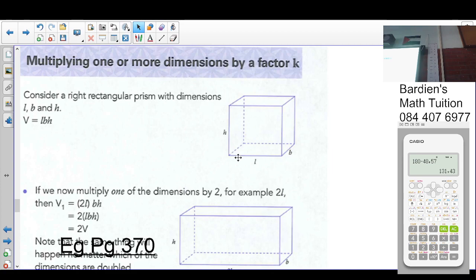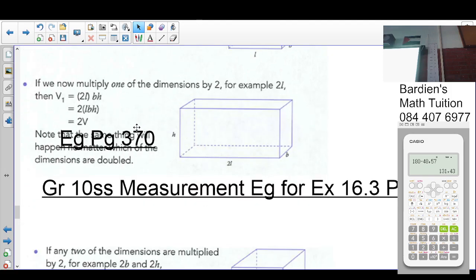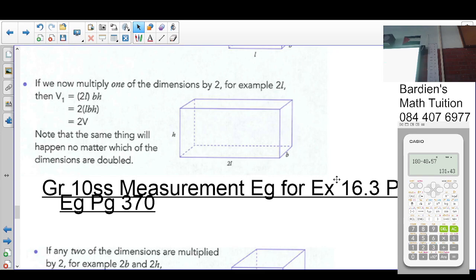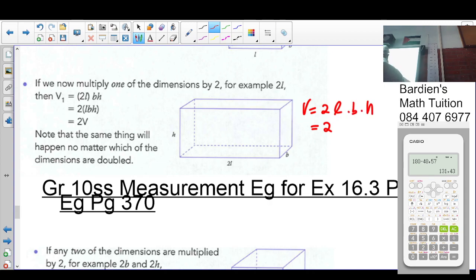So it would simply be 2 length times breadth times height, that will simply be 2 length, breadth, and height.